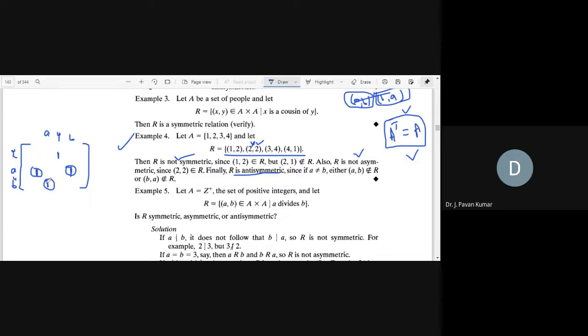So for the corresponding entries, let us consider capital A i j. If A i j is equal to 1, what's the condition to be checked? A j i should be 0. Then we can consider the relation as asymmetric. Yes or no?